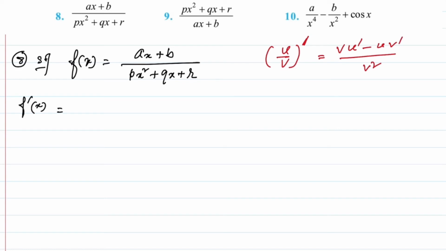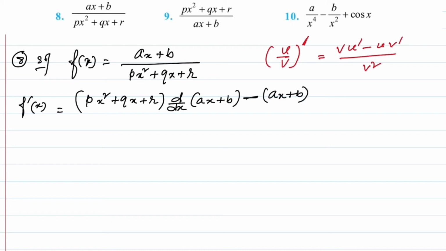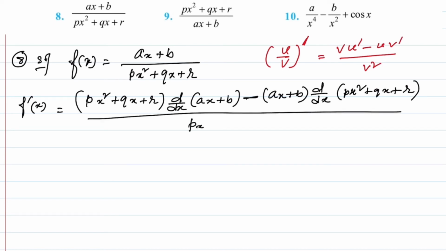So f dash x is equal to the denominator px square plus qx plus r, times the derivative of the numerator, minus the numerator ax plus b, times the derivative of the denominator, by the denominator square, px square plus qx plus r whole square.